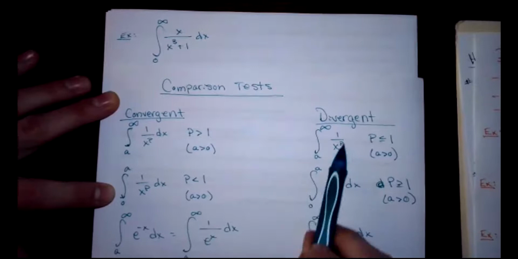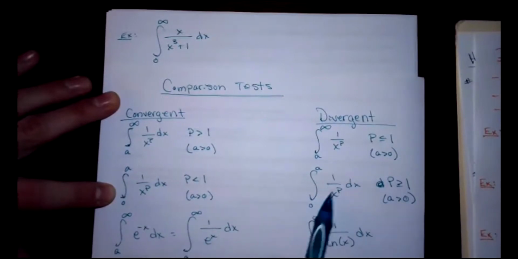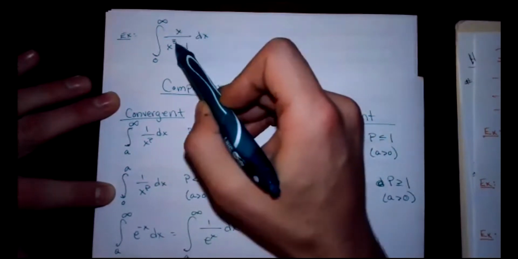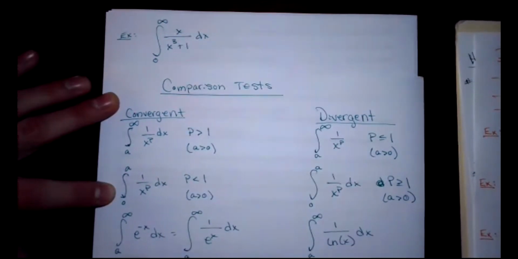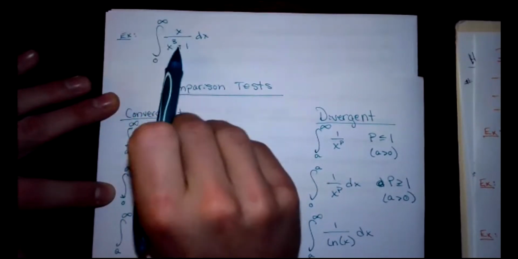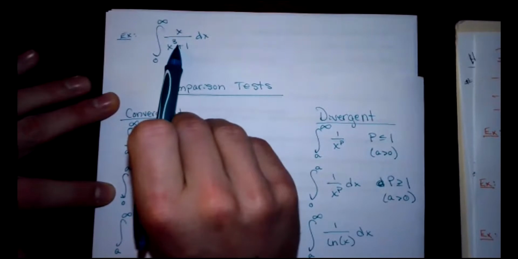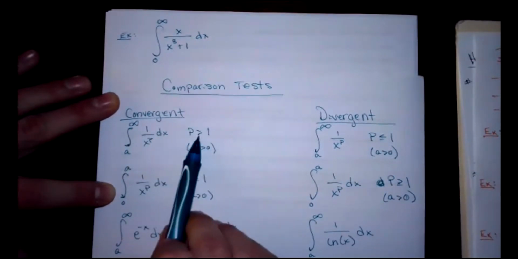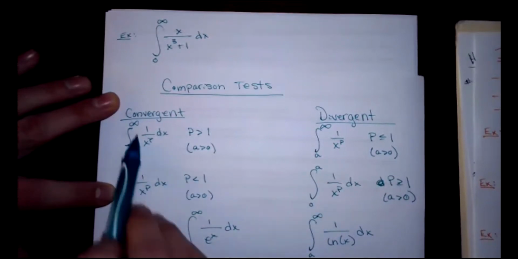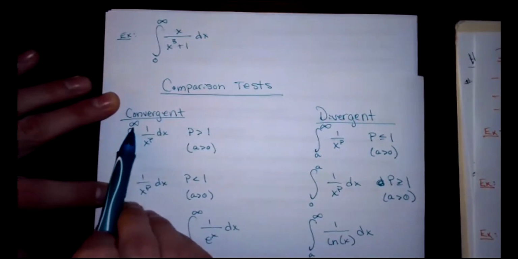I've got these divergent and convergent cases with all these 1 over x to the p's based on the power. So if it's x over x cubed, at least out in infinity, it's going to be like 1 over x squared. So I know I have a p bigger than 1. We just need to figure out, well, I've got an infinity, so I know I'm going to be here.